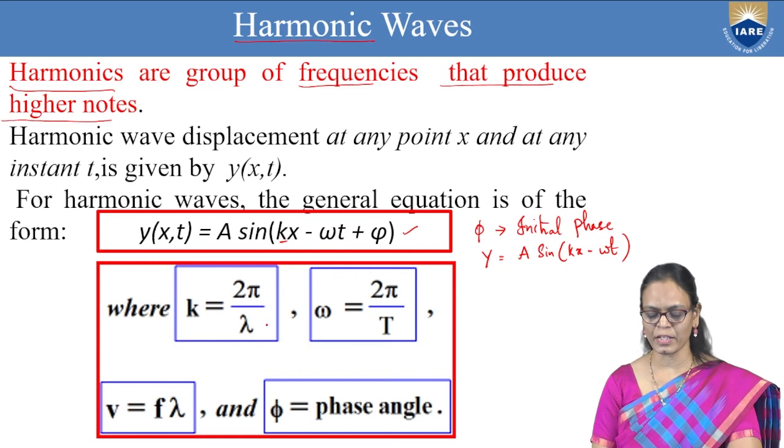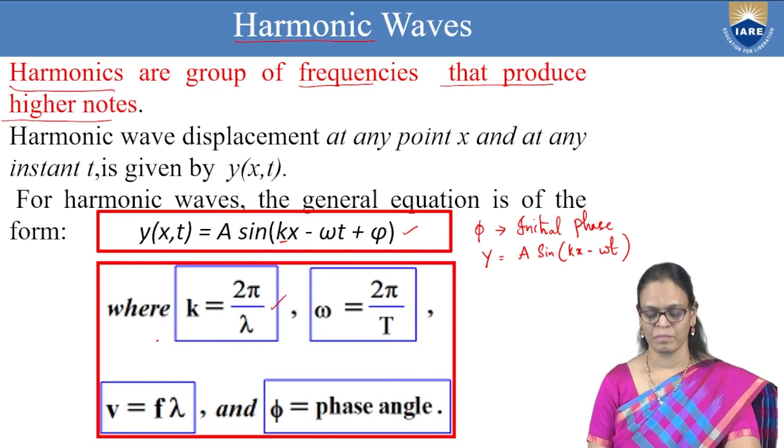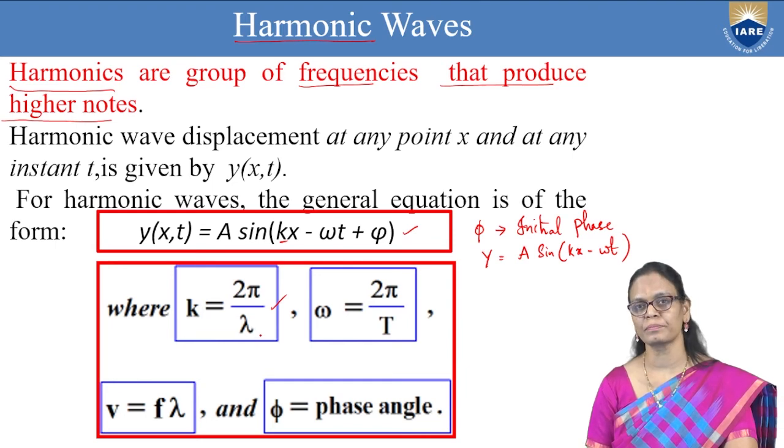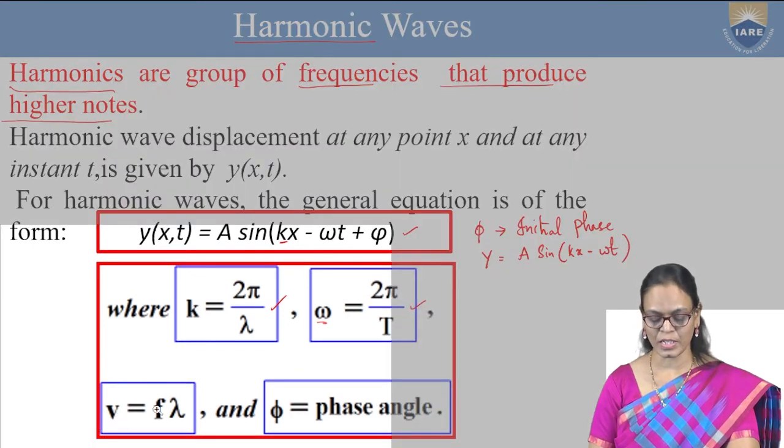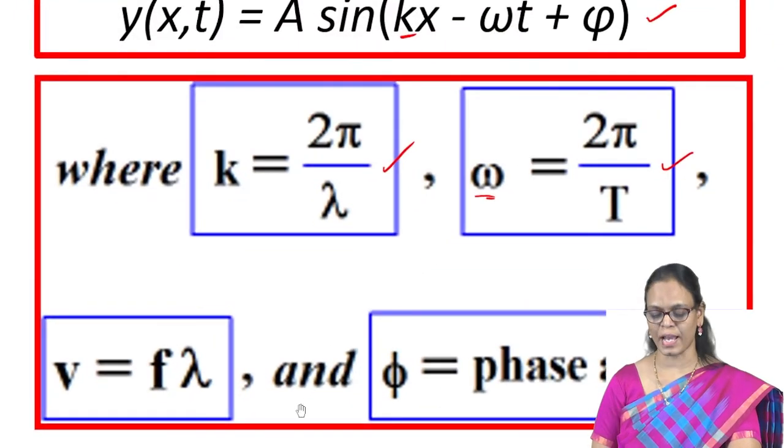And k here again is the wave vector which is denoted by 2π/λ. And ω is 2π/T. Omega is the angular frequency. And v is the velocity. How are velocity, frequency and wavelength related? v = fλ, and φ represents the phase angle.